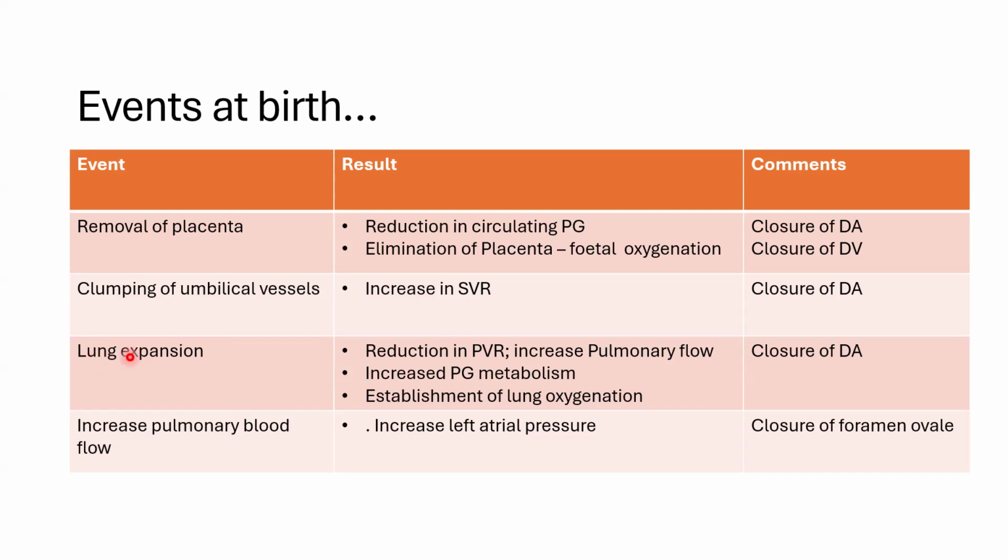I've spoken about the lung expansion from the first cry of the baby, which causes reaeration of the lungs, reduction in the pulmonary vascular resistance, and increase in pulmonary blood flow, the increased destruction of prostaglandin, and the switch from a hypoxemic environment to an oxygenated environment.